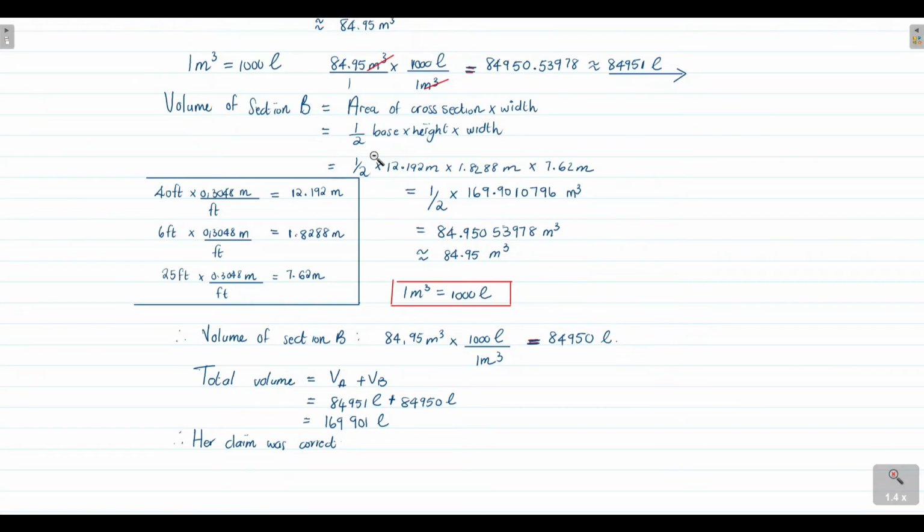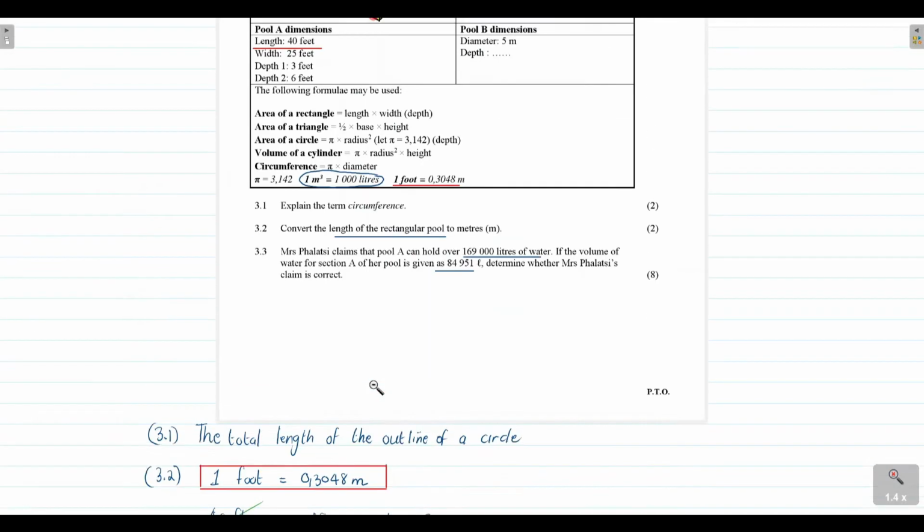You needed to include that in the calculations to get the volume of section B. And then from there, we convert that volume from meters cubed to liters, right? And then if you add the volume of section A plus the volume of section B, you'll find that the amount of water that this pool can hold is over 169,000. Okay, so I hope I didn't lose anyone there.